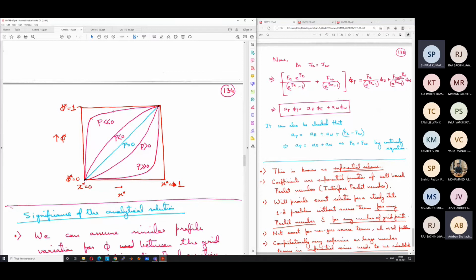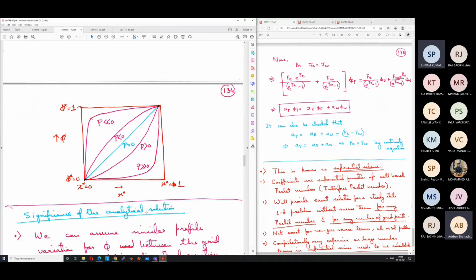There is sometimes desynchronization of the voice and the visual. Anyway, what we found is that from one grid point to another grid point, or across a 1D domain, the variation is exponential and it depends on the Peclet number. If the Peclet number is very high, we get this exponential profile. We found the profile also.